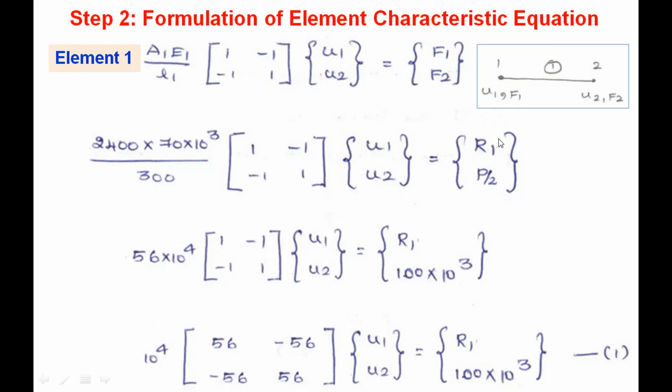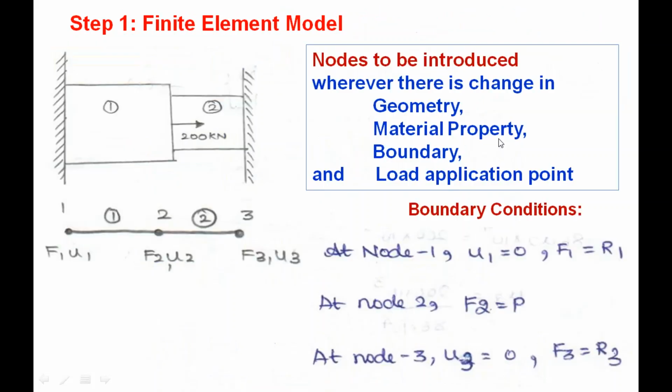Why we are putting P by 2 here, F2 as P by 2, because the node 2 is common node for element 1 and element 2. So if there is any load acting at this point, then we have to equally divide this load. So 200 kilonewton is acting. So when we write the element characteristic equation for element 1, half of this load will be given to this element, then remaining half will be given to this element 2.